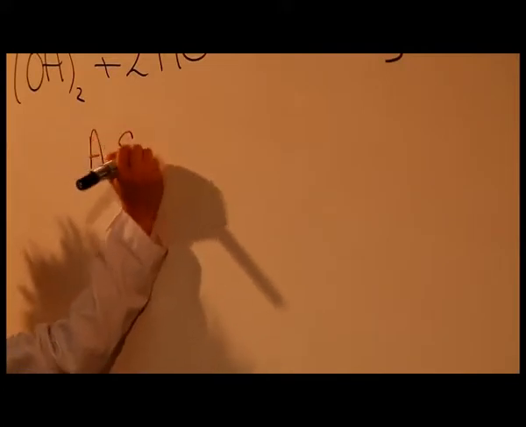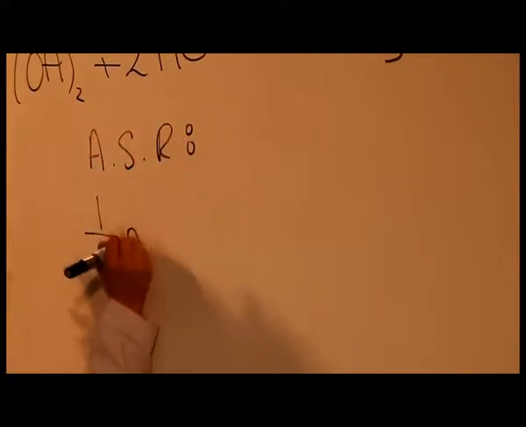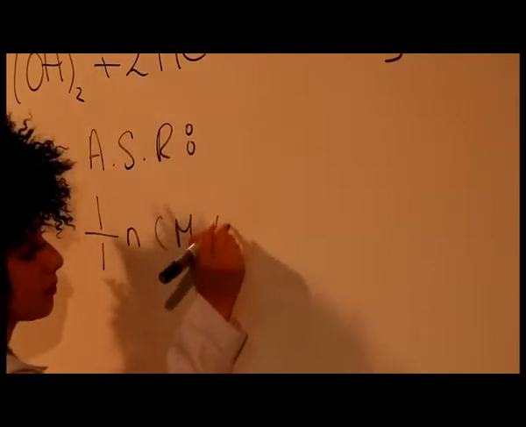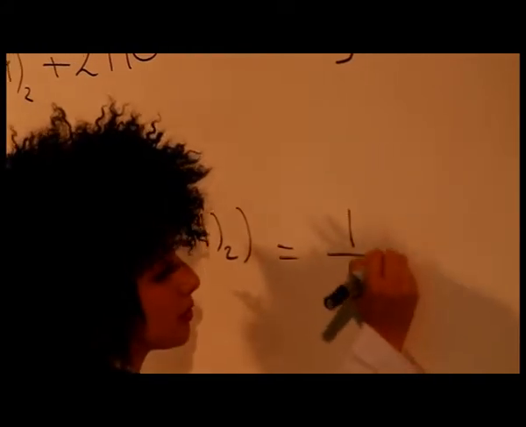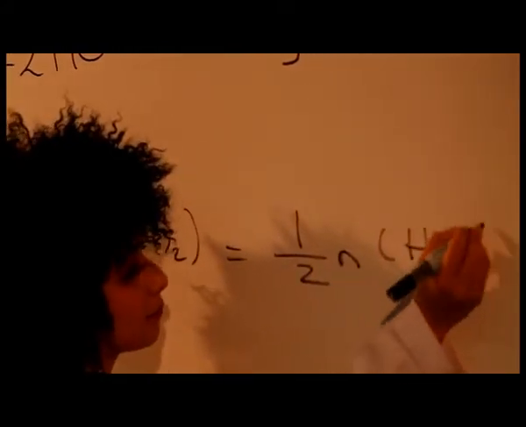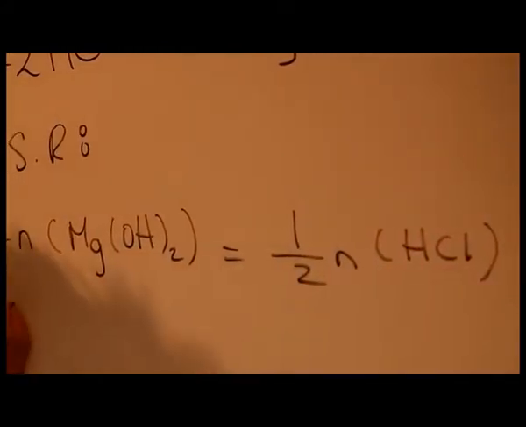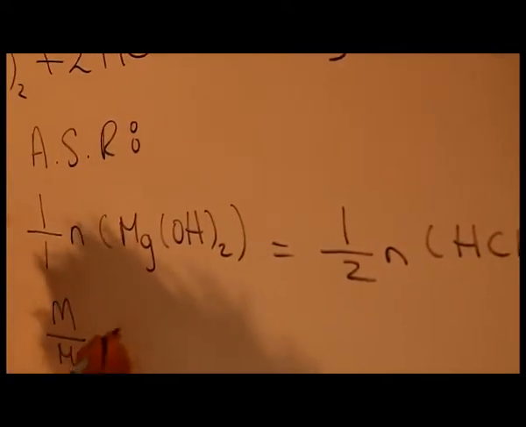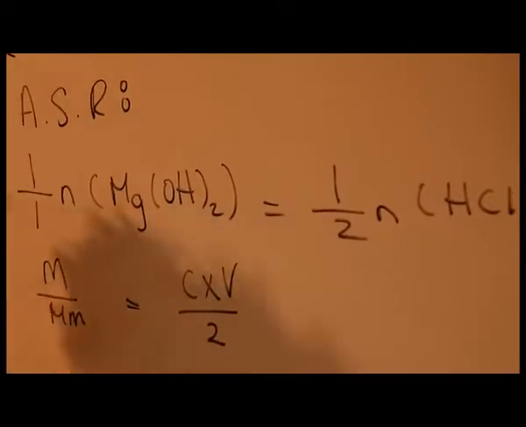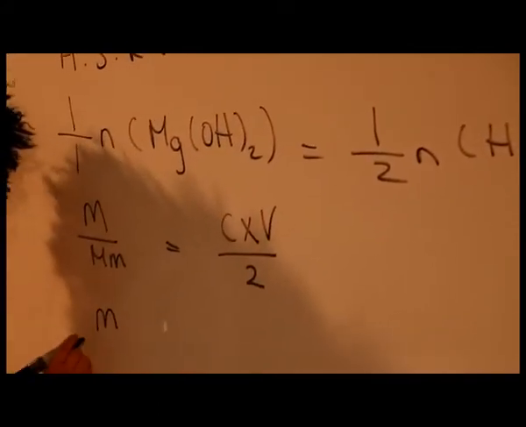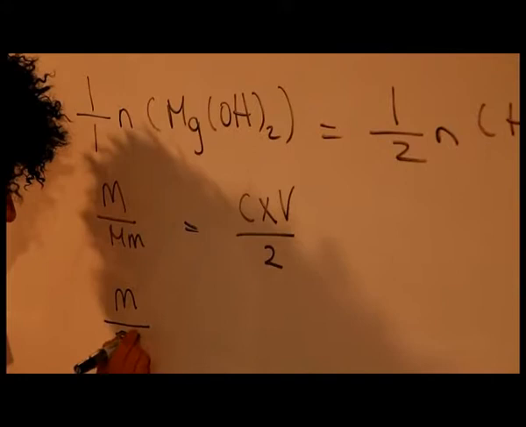Let's apply the stoichiometric ratio. Therefore, 1 mole of magnesium hydroxide is equal to 1/2 mole of HCl. Therefore, the mass over the molar mass is equal to the concentration times volume over 2. The mass is to be determined, and the molar mass is 58.